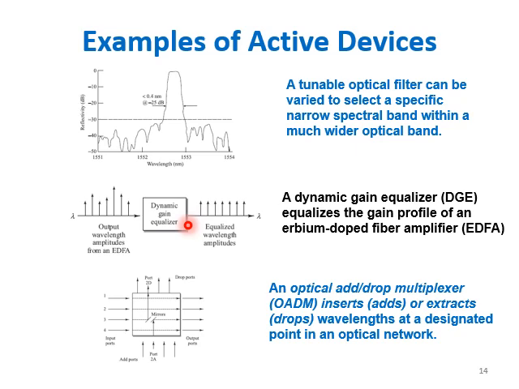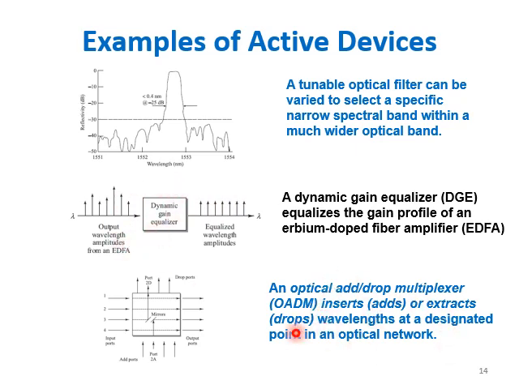So DGE, DCE, or DSE, the names are the same. They equalize the gain profile of an erbium doped fiber amplifier, so they equalize the gain profiles for EDFA fiber. That can be done with respect to the optical wavelength amplitudes from the EDFA. The different wavelengths are equalized with the help of these dynamic gain equalizers.